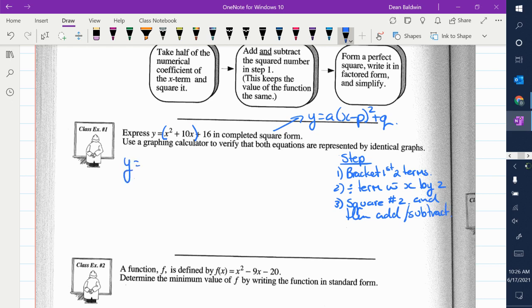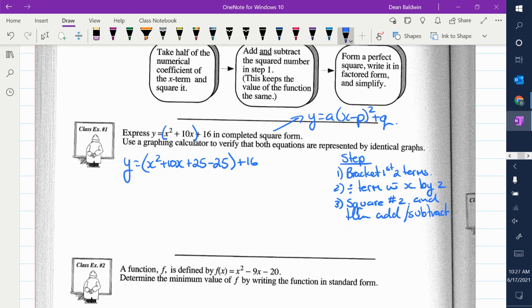So this is what it looks like. Half of 10 is 5. What's 5 squared? 25. So I add 25 and I subtract 25. And this is all inside the brackets with the 16 just hanging on the outside.